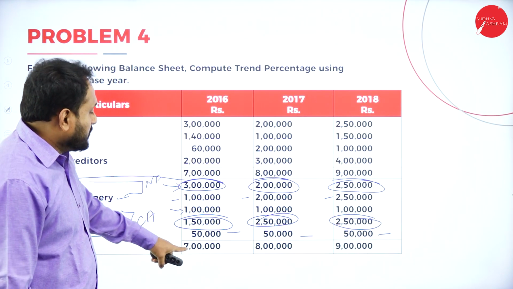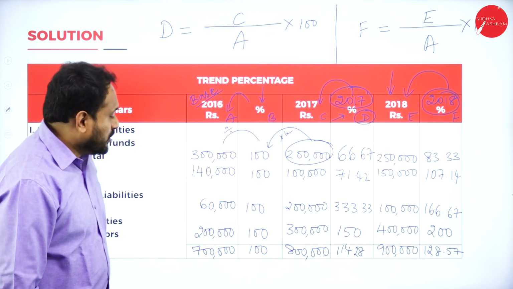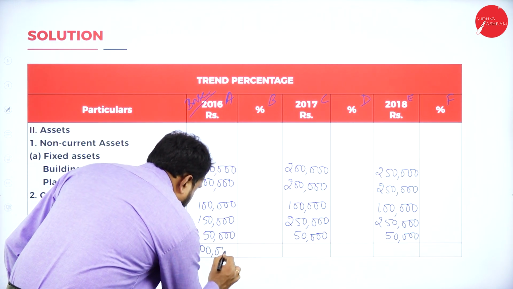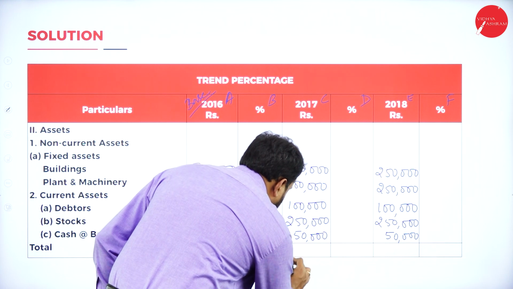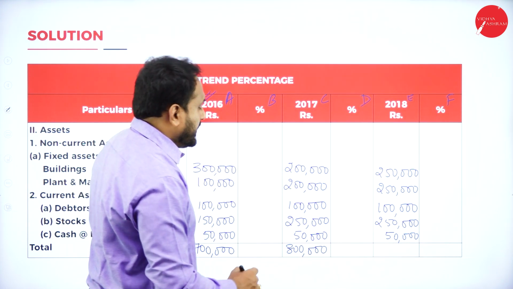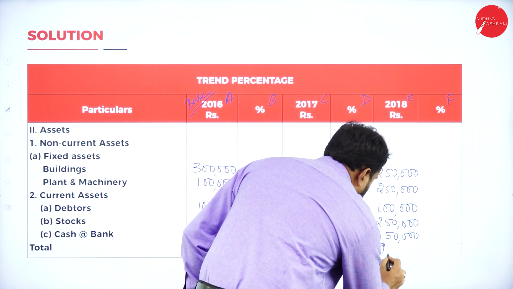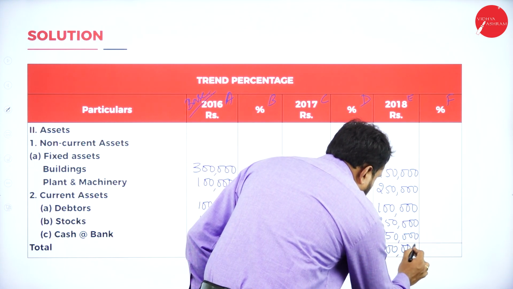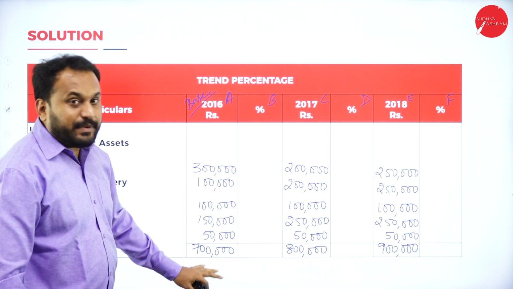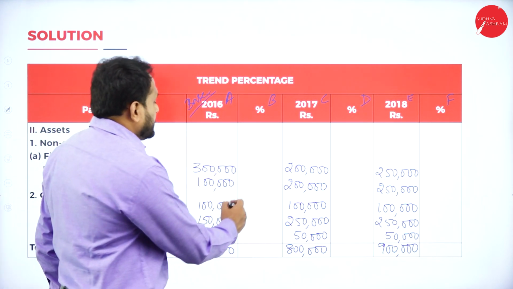Why? Because here also 7 lakh, 8 lakh, 9 lakh. So we'll go with that: 7 lakh, 8 lakh and then 9 lakh. And I told you that if 2016 is the base, what is the trend percentage here is 100.